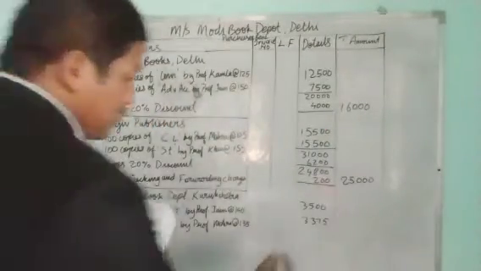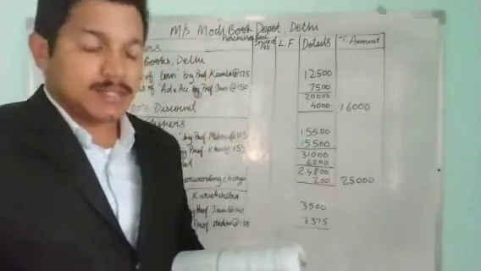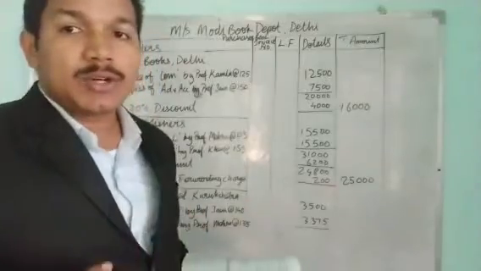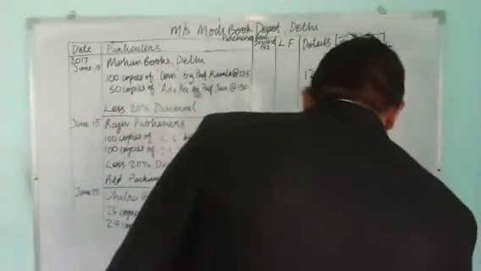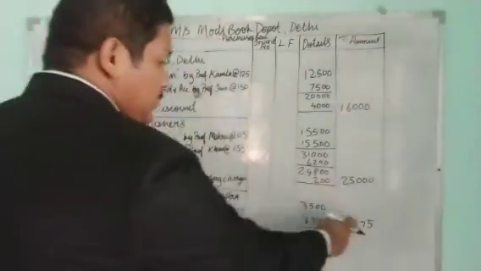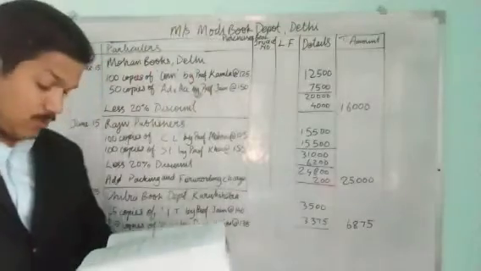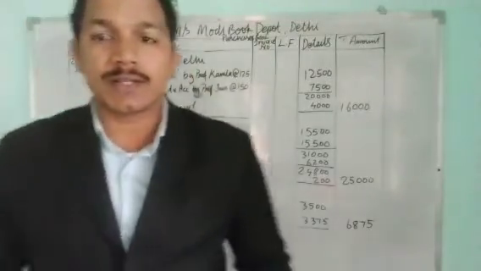Okay, so for this transaction there is no discount or any other charges, so we can add up the total amount and write it in the next column. So that is 6,875 total. These two you have to add and write the final value. Okay, so that is all the transactions we have ended.